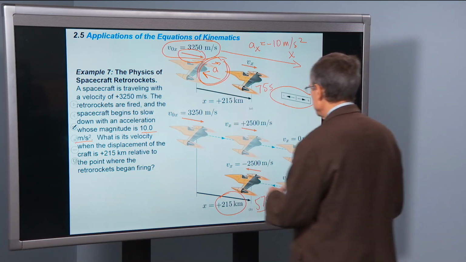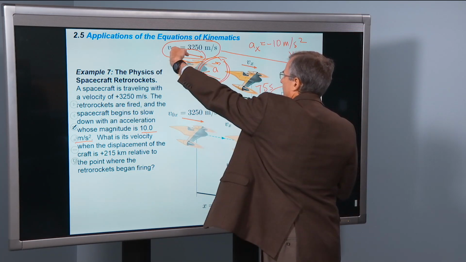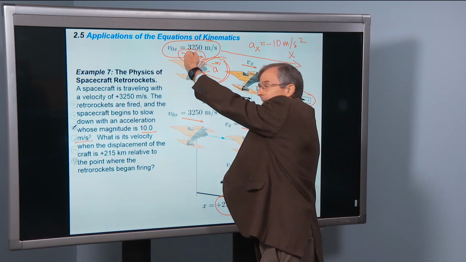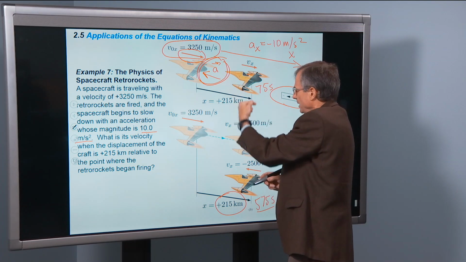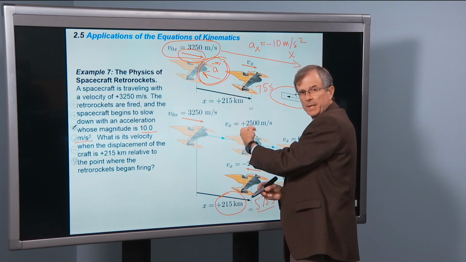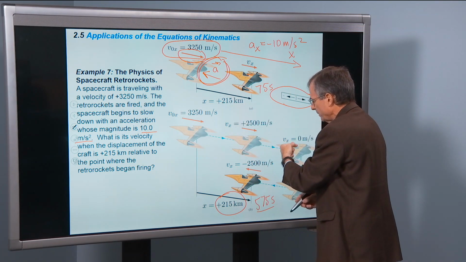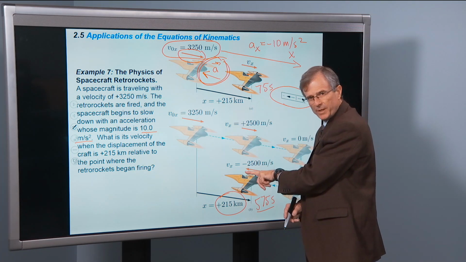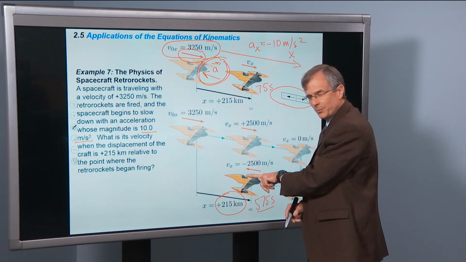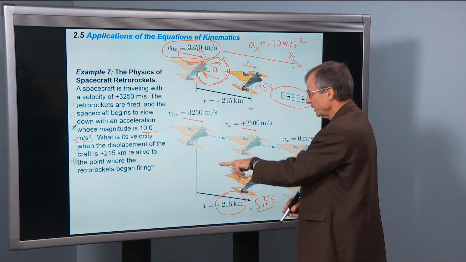So in this case, the spacecraft starts here, slowing down, reaches the 215 kilometer mark going 2,500 meters per second. Slows down some more, turns around, comes back here. Now when it's back to this point, it's going negative 2,500 meters per second. It's going in the opposite direction.